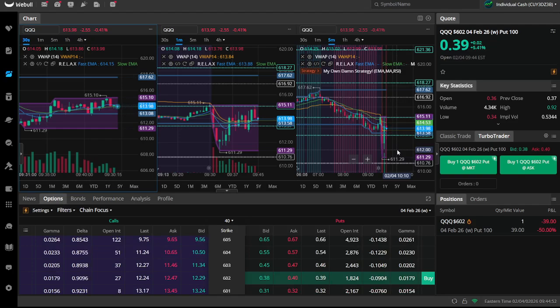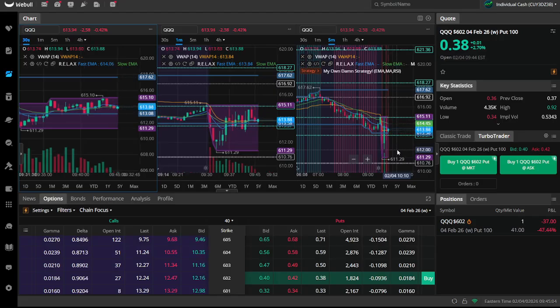Ideally, I'd like the 1 minute chart to agree with the 5 minute chart. Notice the volume is tapering off, so there's a lot of indecision. Buyers and sellers fighting for control.